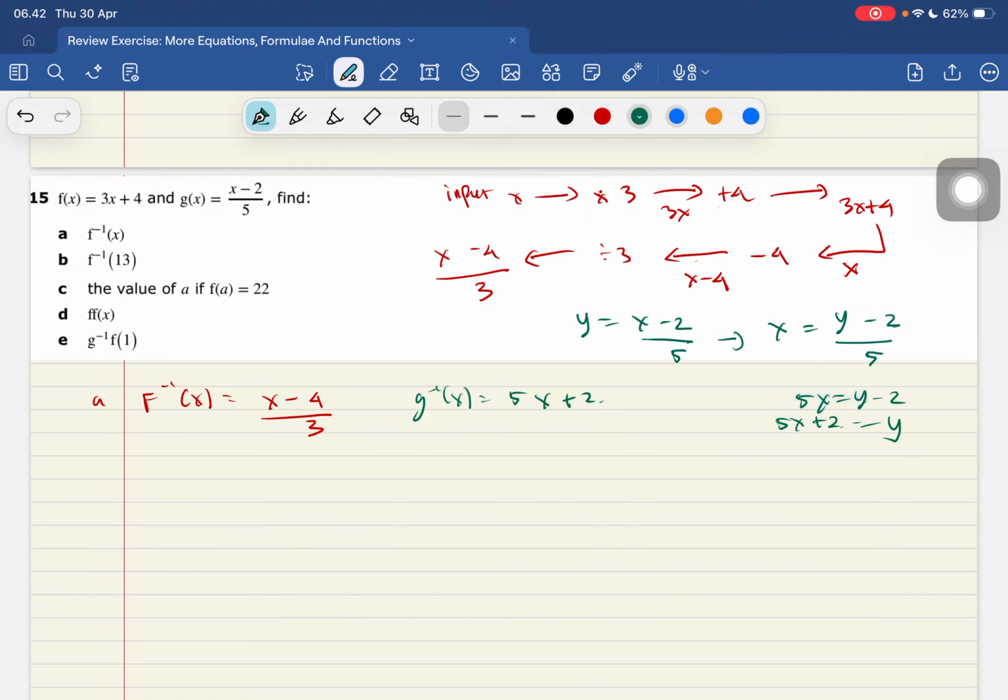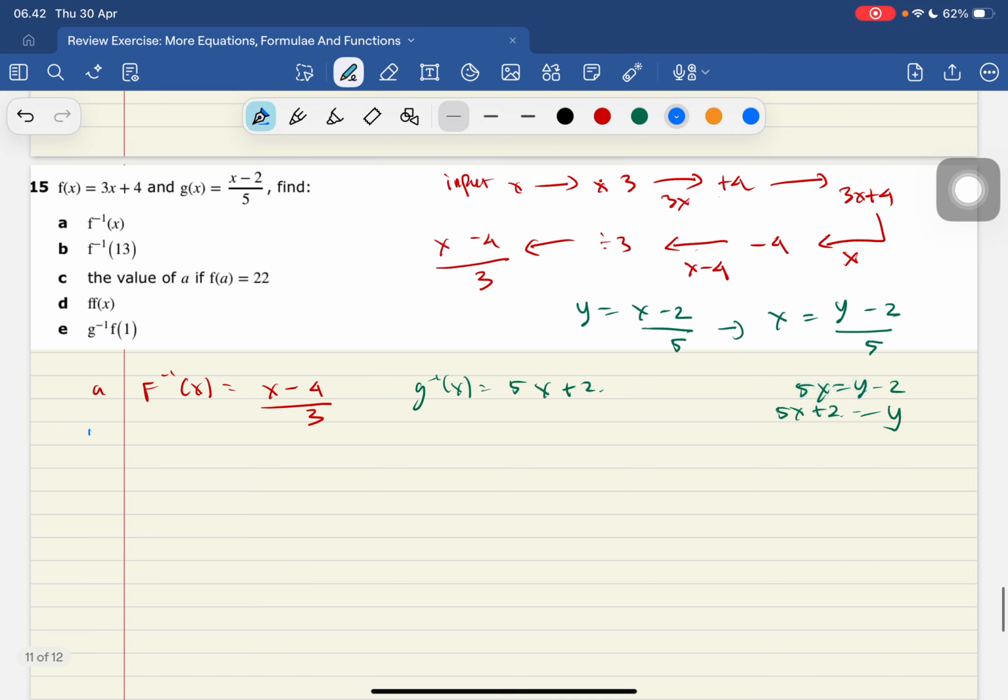Okay, here B. Find f inverse of 13. So we can just substitute. This is 13 minus 4, we divide by 3. Okay, this is going to be 9 over 3. So this is equal to 3. Okay, next, find the value of a if f of a equal to 22.